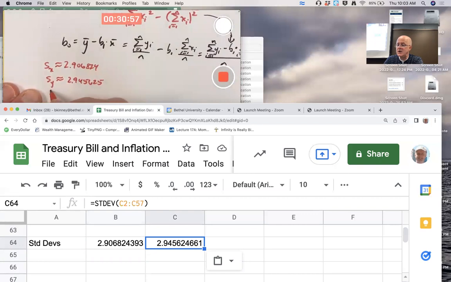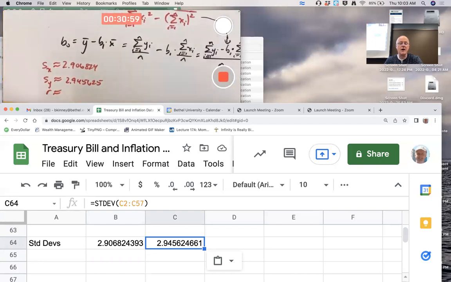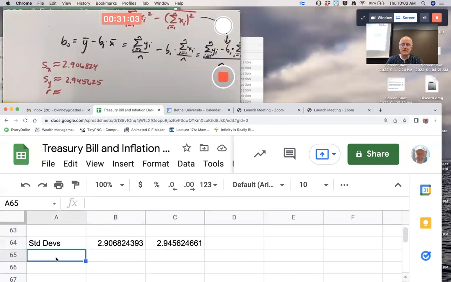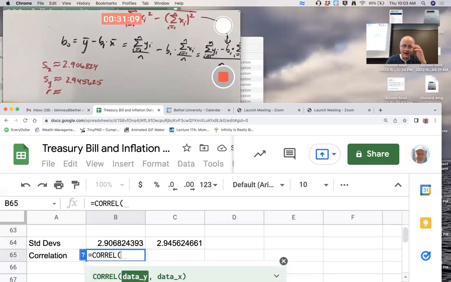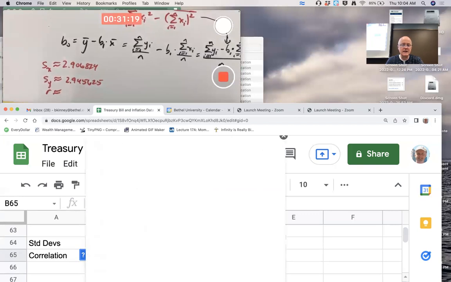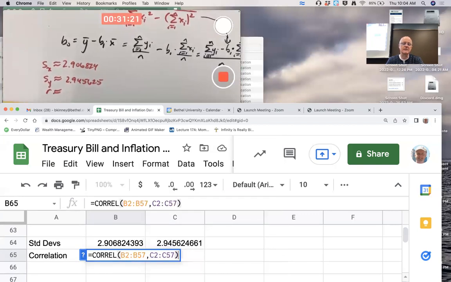The correlation R can be found with equals CORREL, two R's, one L, B2 colon B57, comma, C2 colon C57.